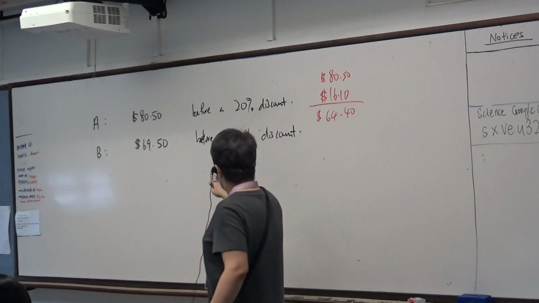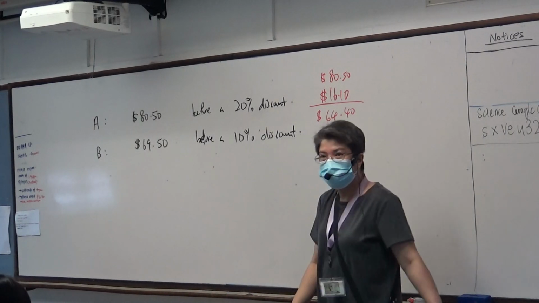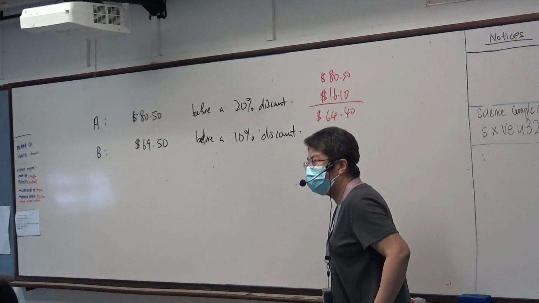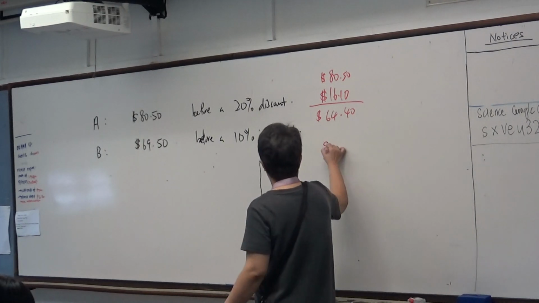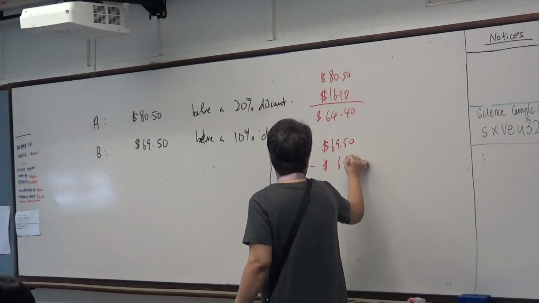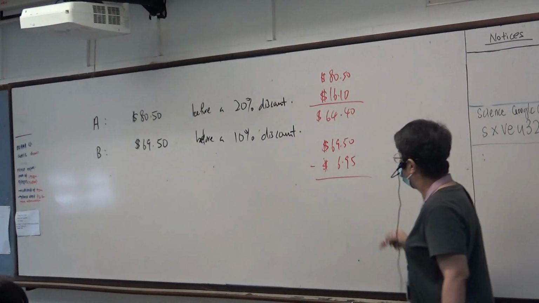Okay. How much is 10% from here? 6.95, right? We agree? So the 10% discount is actually 69.50 minus 6.95, right? Agree?